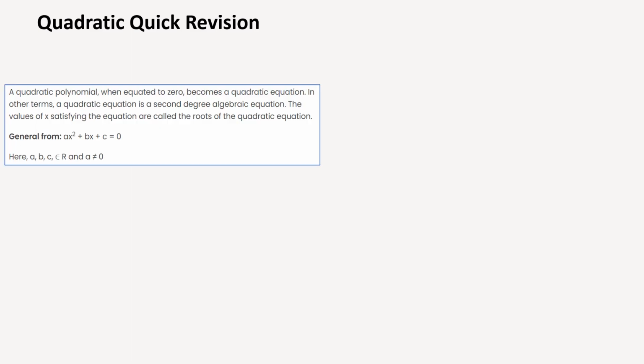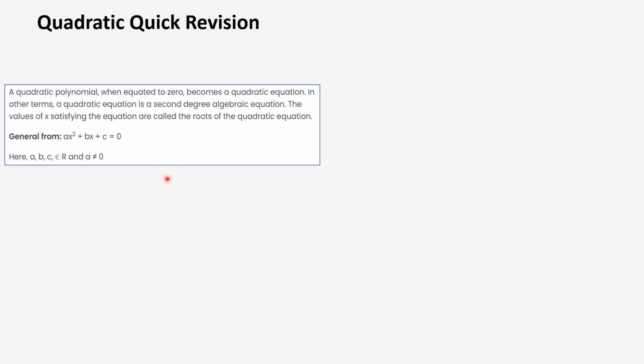The general form of a quadratic is ax² + bx + c = 0. Always remember this general form, where a, b, c are constants which belong to R and a is not equal to 0, because if a becomes 0, the x² term becomes 0, and we cannot call it a quadratic equation anymore.